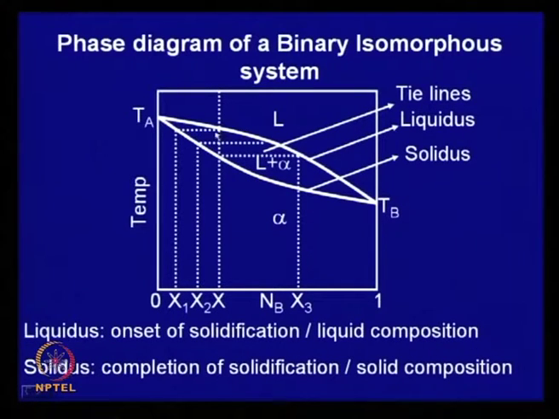Under this condition, we give enough time for the composition of the solid to change and follow this particular line, and at an intermediate stage we can draw another tie line. At this temperature the composition of the liquid must have changed from its original composition to this point, and the composition of the solid has changed along this line from this point to this point.